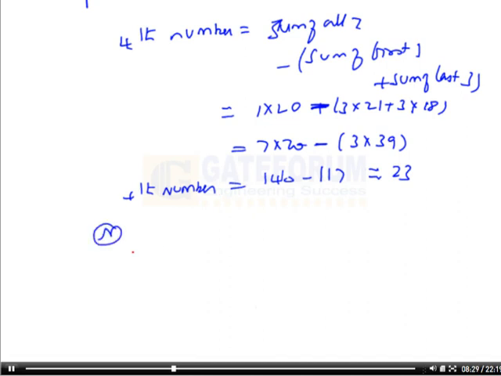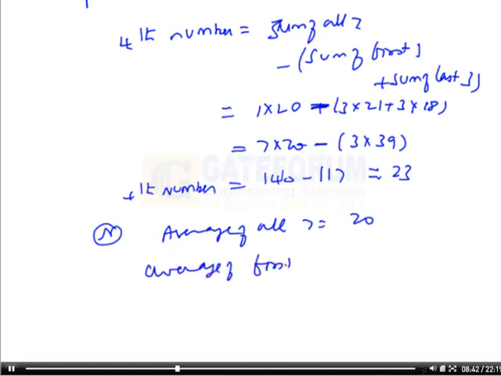The easy method would have been that average sums can be done easily if you go for net change. Let us look at the average of all 7, which is 20. And what is the average of the first 3 numbers? 21. How much more? Each number is 1 more. What is the average of the last 3 numbers? 18.